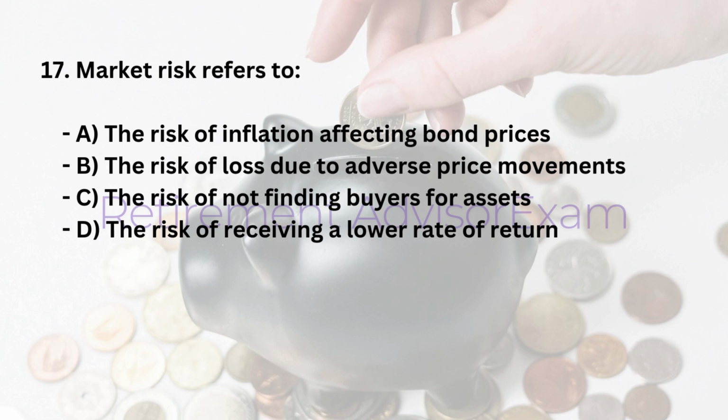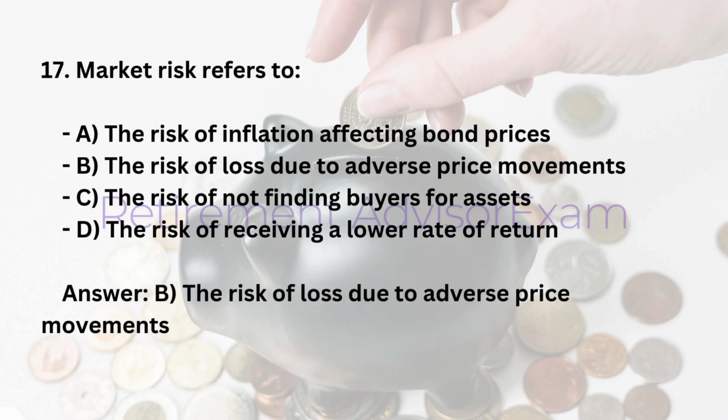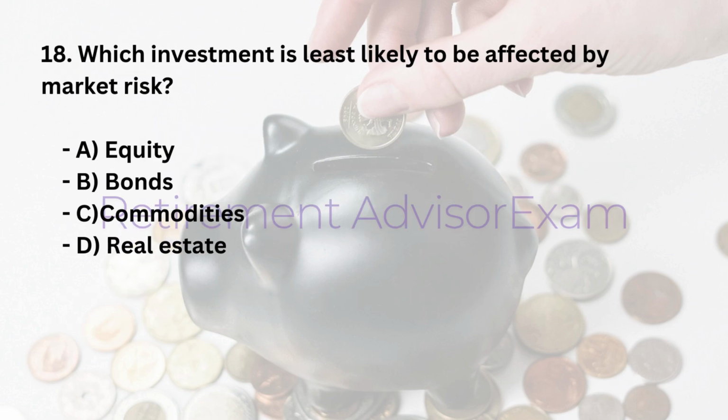17. Market risk refers to A. The risk of inflation affecting bond prices, B. The risk of loss due to adverse price movements, C. The risk of not finding buyers for assets, D. The risk of receiving a lower rate of return. Answer: B. 18. Which investment is least likely to be affected by market risk?